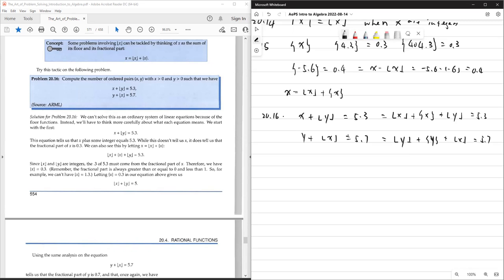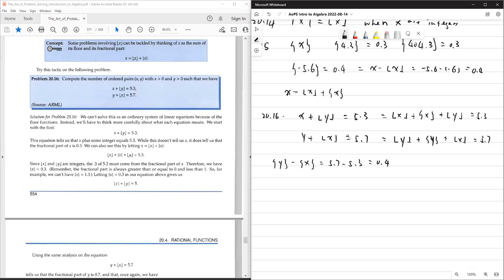So if we subtract the two, the difference, decimal part of y minus decimal part of x, equals the lower equation minus the upper equation, 5.7 minus 5.3, so 0.4. So we know the decimal part of y is greater than the decimal part of x by 0.4.